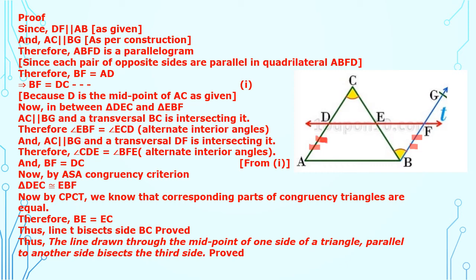Now, let us take the triangles DEC and EBF. Previously also we took these same two triangles. Now in these two triangles, what we are going to prove is the ASA congruency rule. Here you can see ASA criteria.